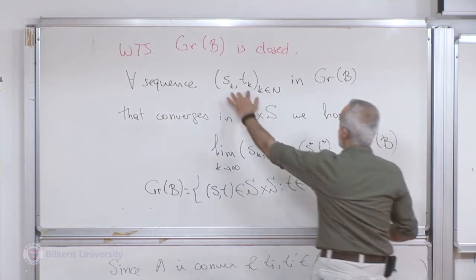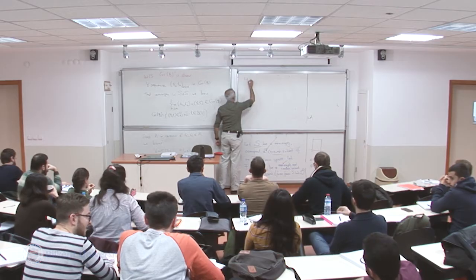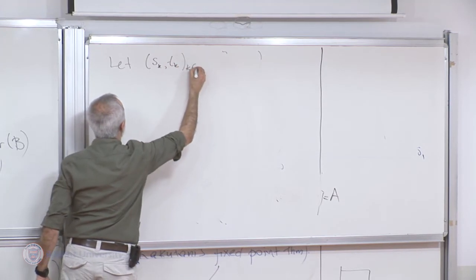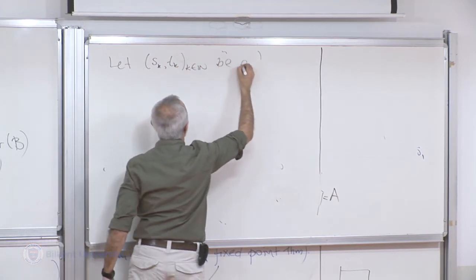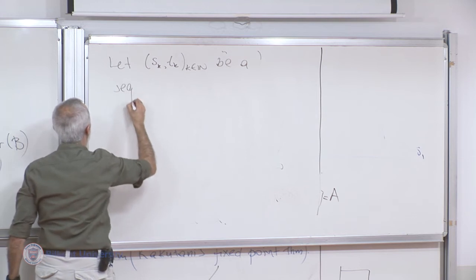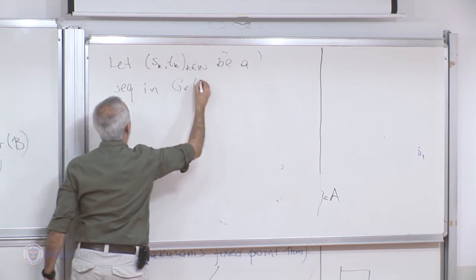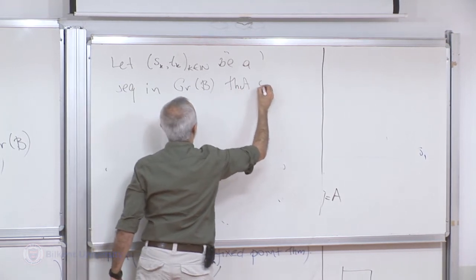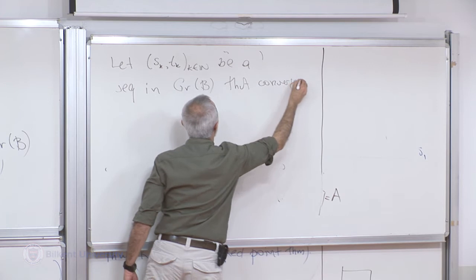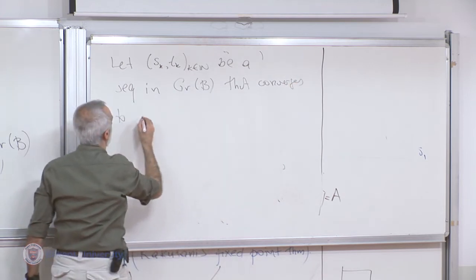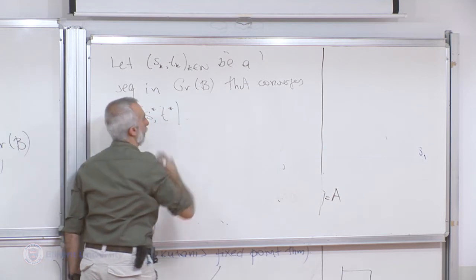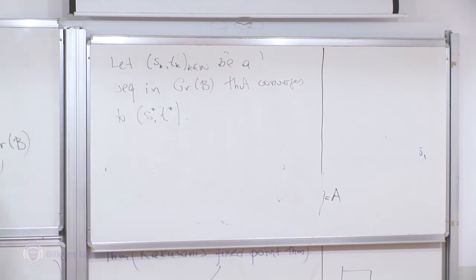So I take a sequence in graph of B that converges to s star, t star. Okay. So again, what do we want to show?